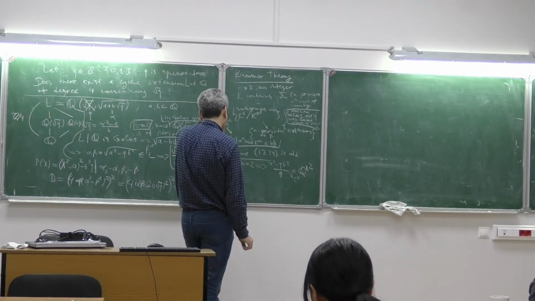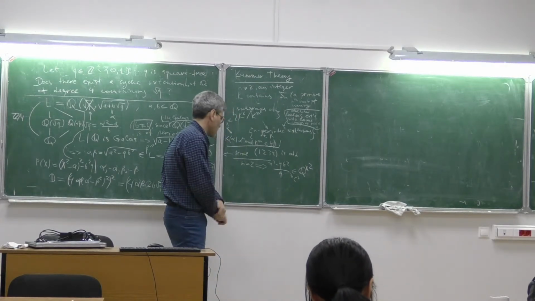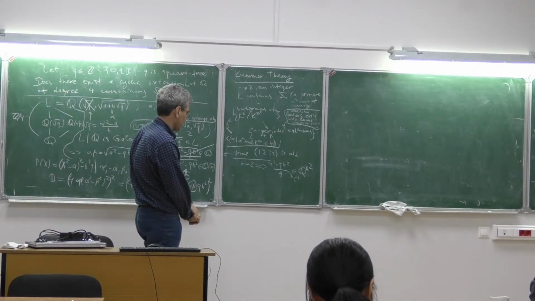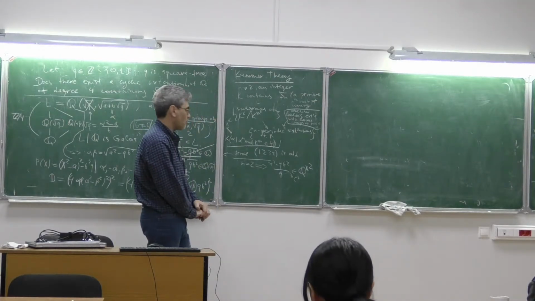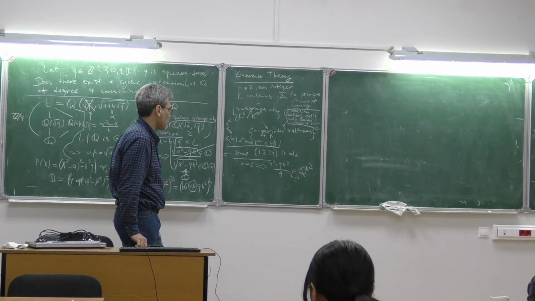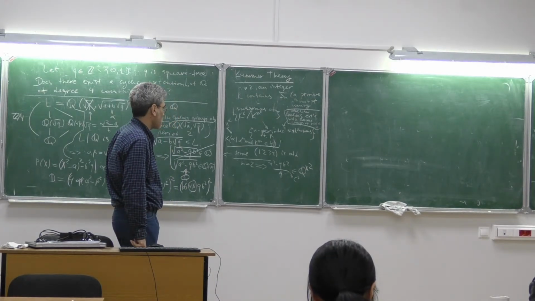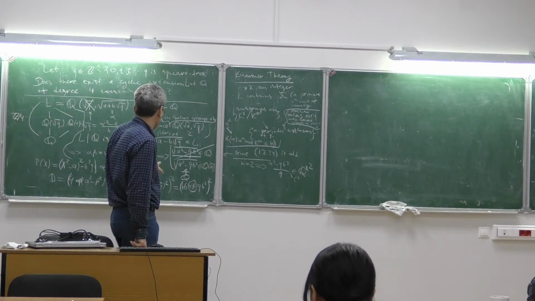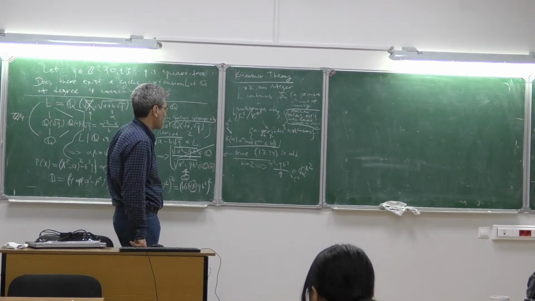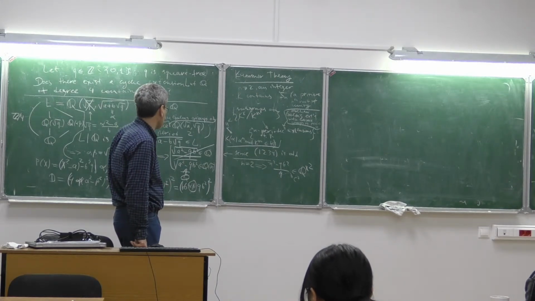Okay, and then we get an equation. Maybe let me write more letters. Why is this a square?